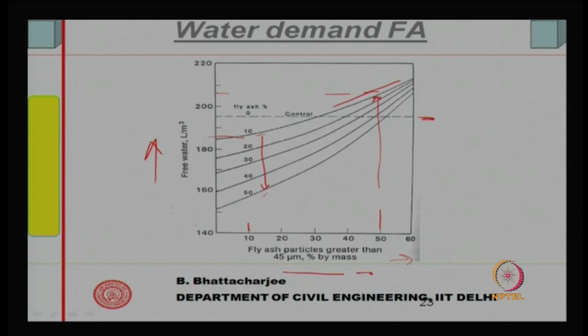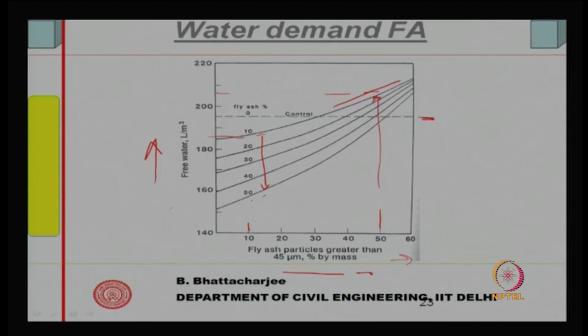So, up to 50%, water demand seems to reduce with the fly ash, and it also seems to reduce with the fly ash particle being finer, particularly passing through the 45 micron. If it is more, that is better.